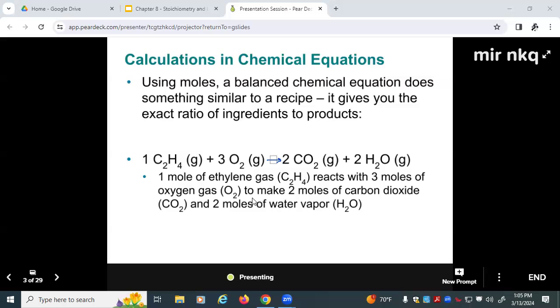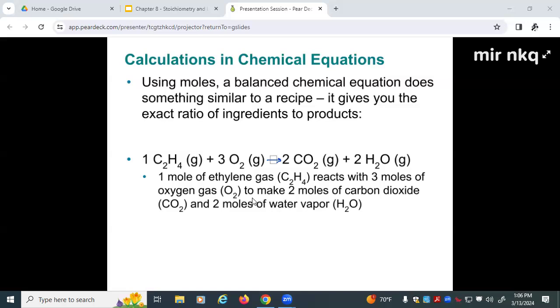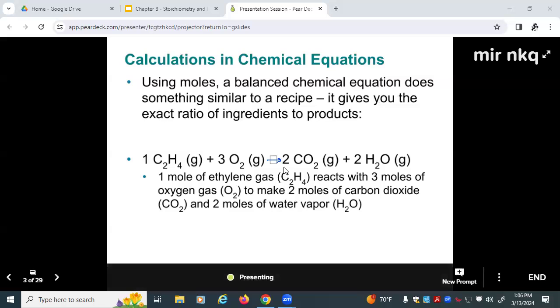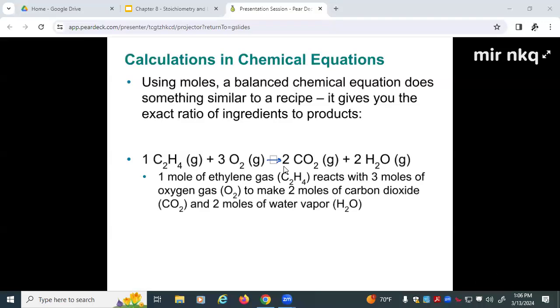So let's move away from a cake. Let's talk about a combustion reaction. Here I have ethylene, C2H4. If I burn ethylene, the products I'm going to get are carbon dioxide and water. The ratio of those reactions is going to be 1 ethylene for 3 oxygens to make 2 carbon dioxides and 2 waters.